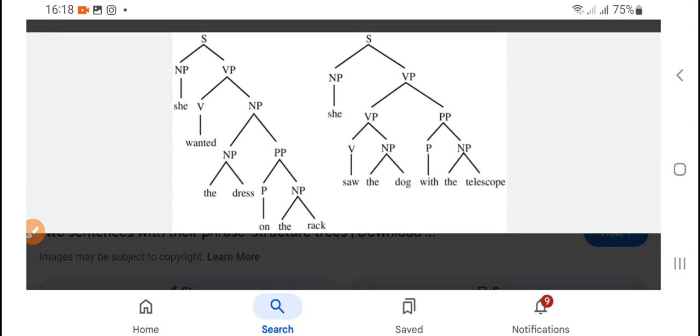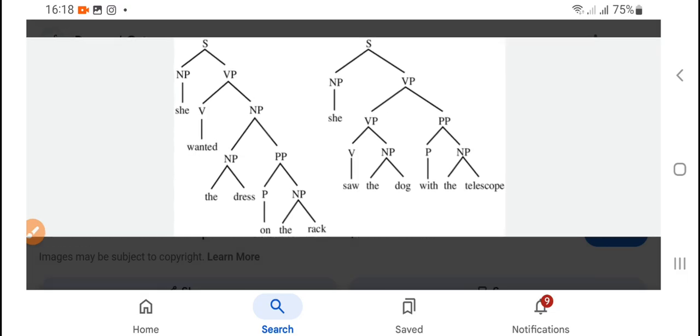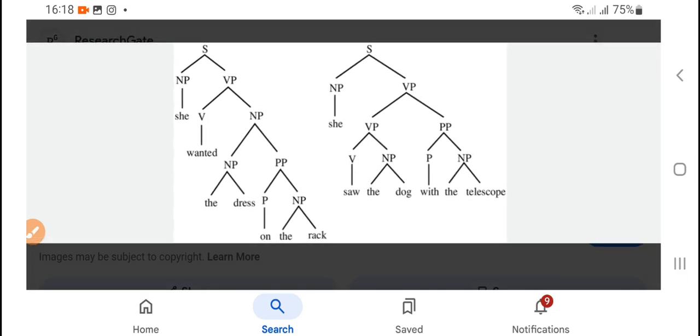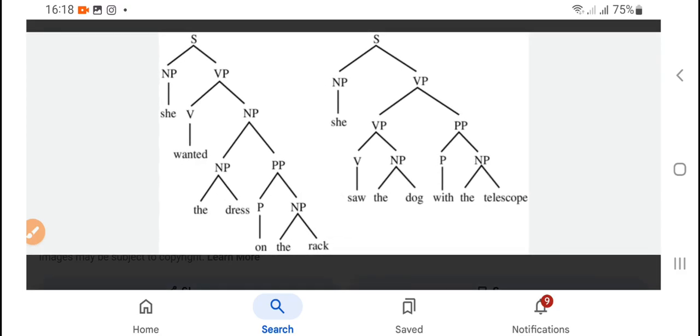She wanted, right? The dress, noun phrase, on the rack, attached with a prepositional phrase. She saw the dog, right? Then saw, then the dog. And this is a verb phrase, and this is with the telescope, okay?